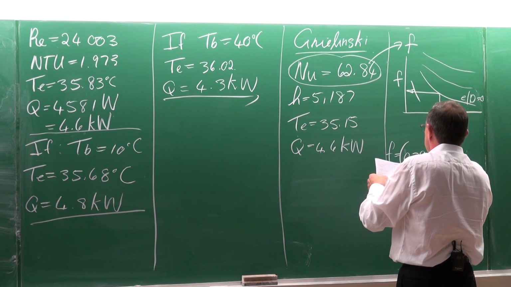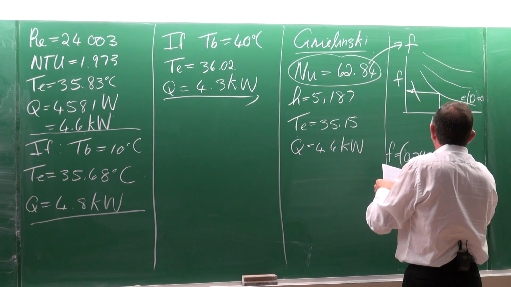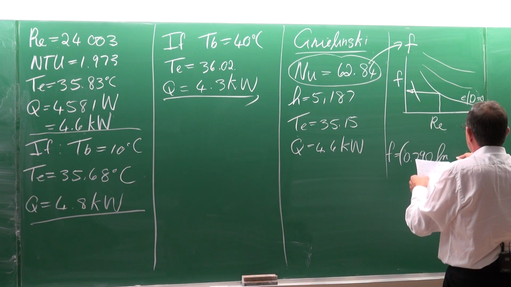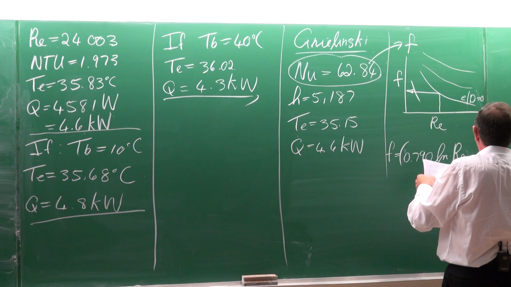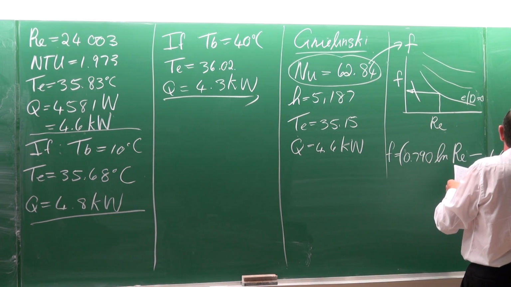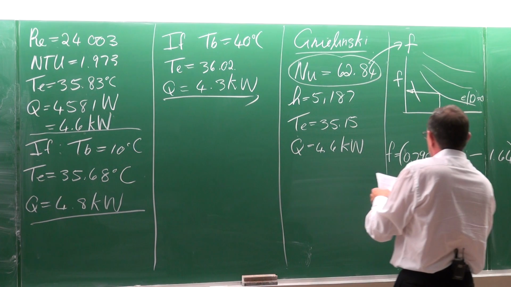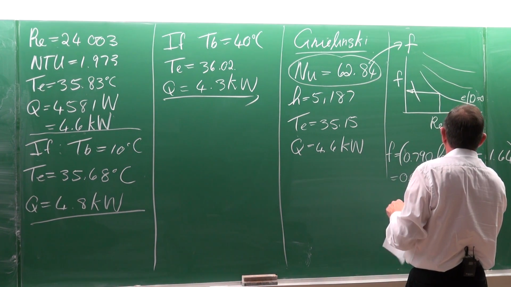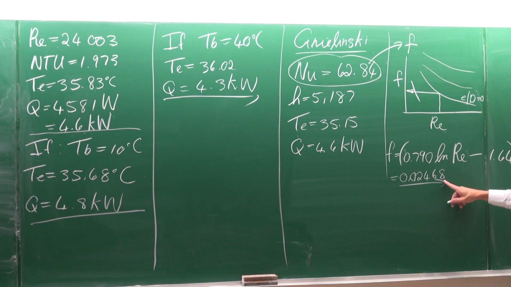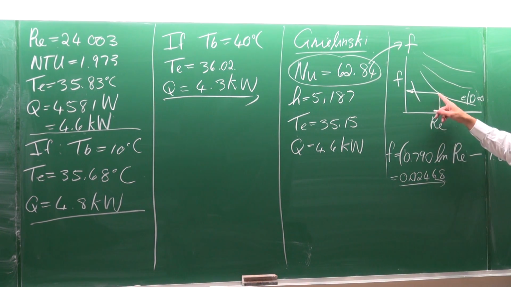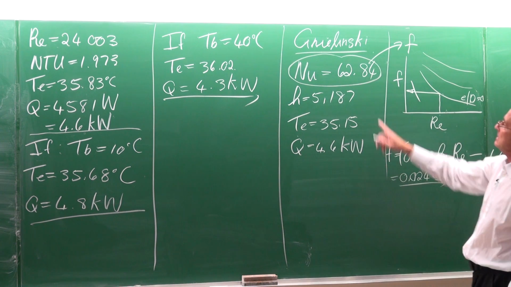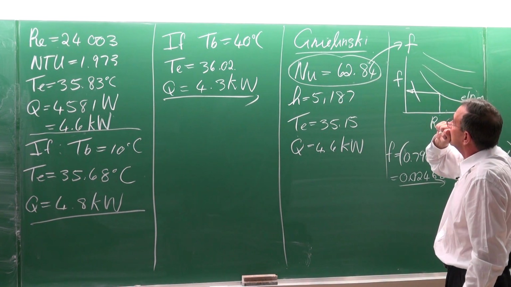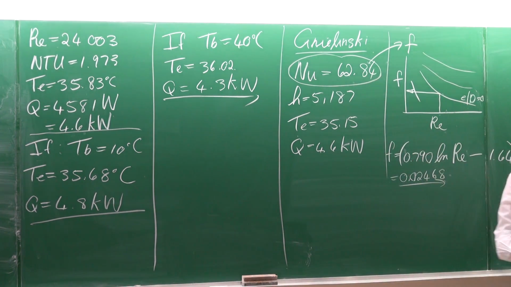The friction factor is equal to (0.790 ln Re minus 1.64) to the minus 2, and from there you can calculate it as 0.02468. When I do these calculations, I always go and check myself in the Moody chart to see if it is approximately correct. Okay, so you need this friction factor in the Gnielinski equation to calculate the Nusselt number.